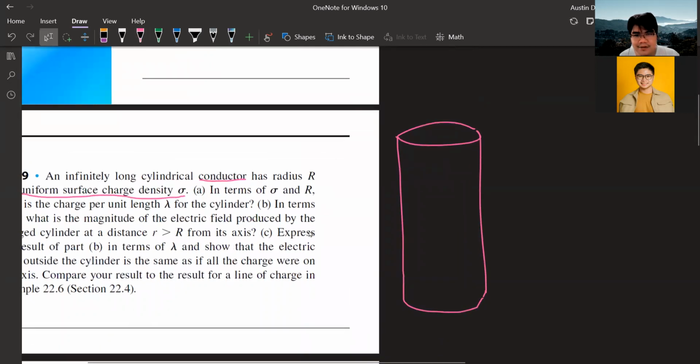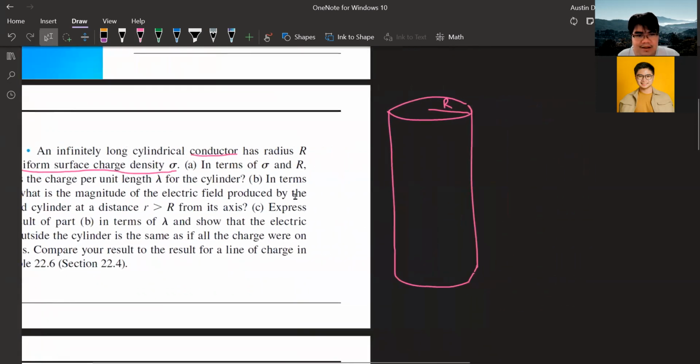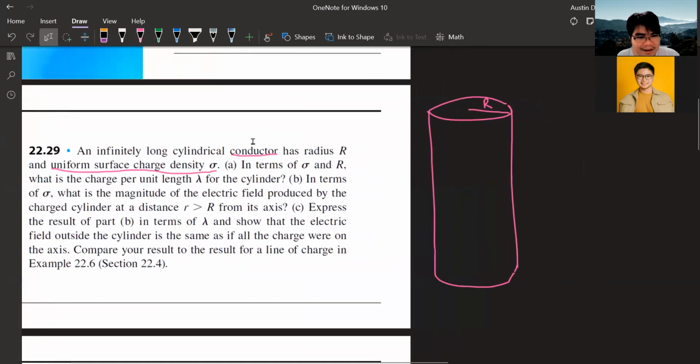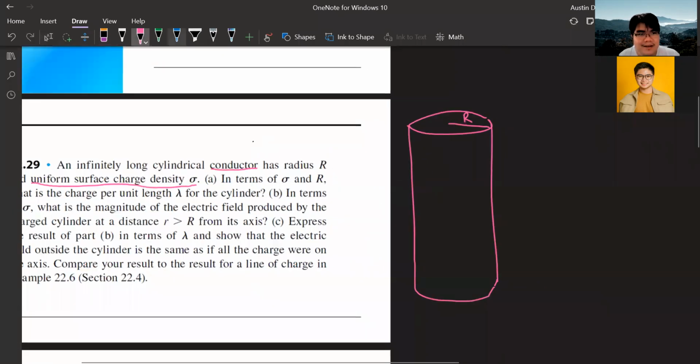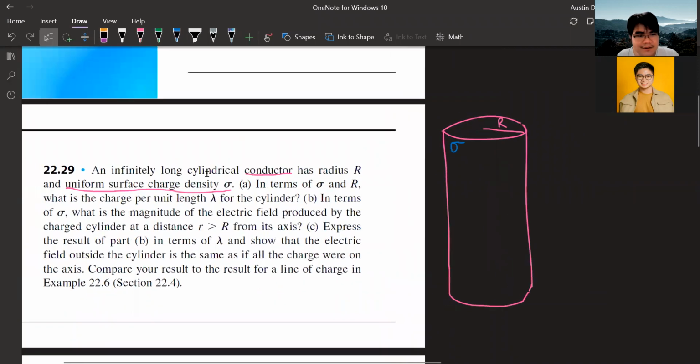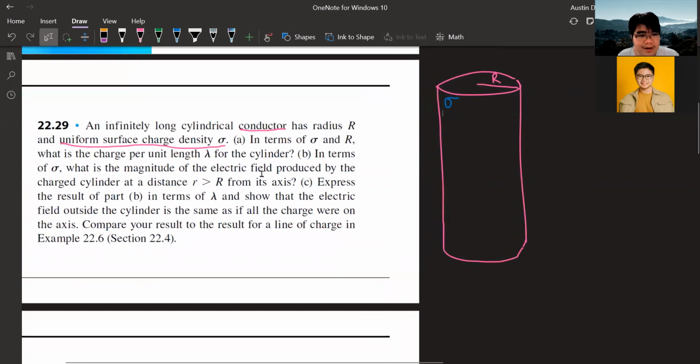Tapos, it is of radius R. Then, sprinkled on its surface would be sigma. Okay? So, it has some sigma. And then yung tinatanong would be charge per unit length.